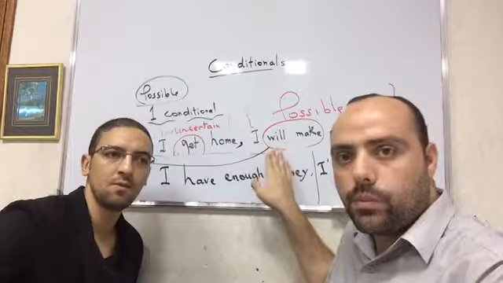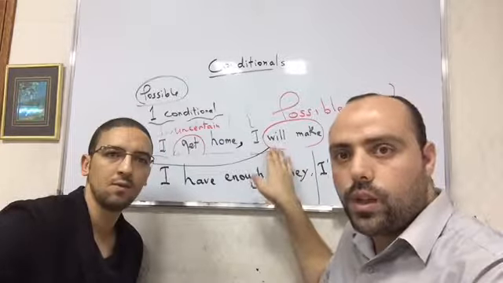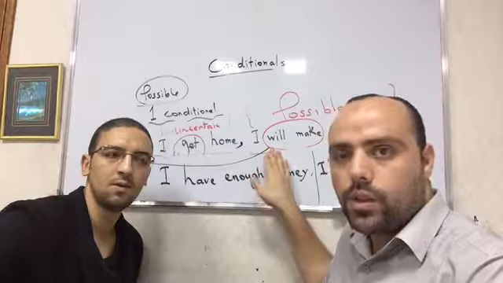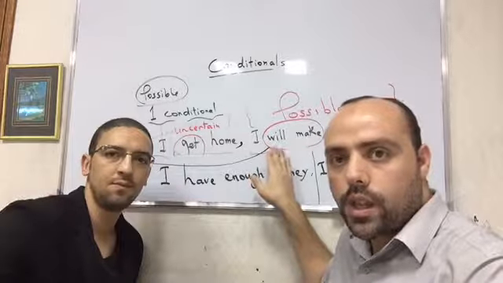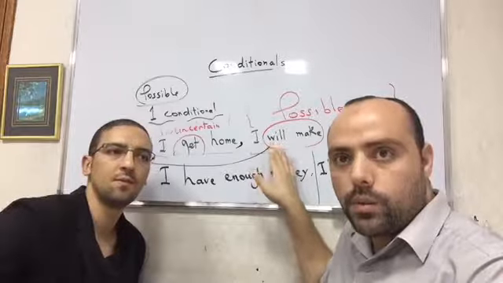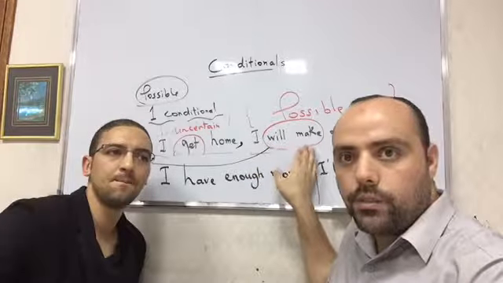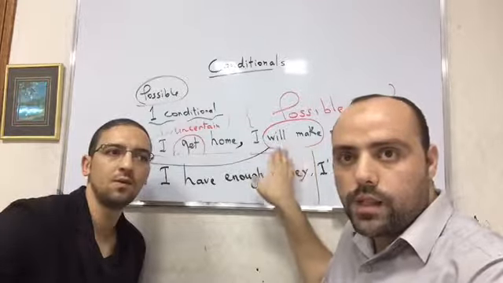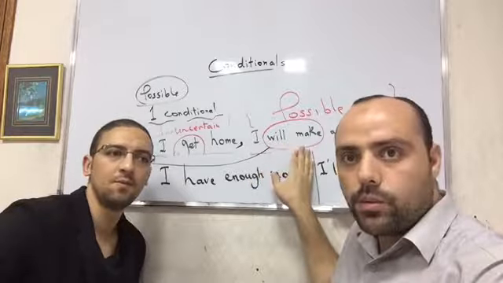You can use not only will, but also may, can, or shall instead of will. Of course, plus the main verb infinitive, because that's the helping verb and that's the main verb in a sentence.